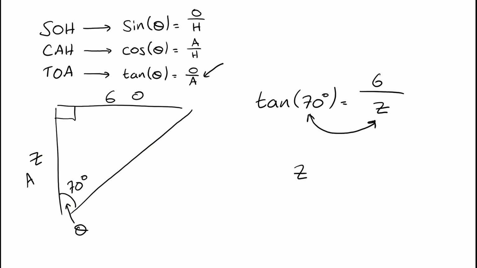So I get z is equal to 6 divided by the tangent of 70 degrees. And if you were to put that into a calculator, we should see that z here is about 2.2. So we've worked out that this side length here is 2.2 in length.